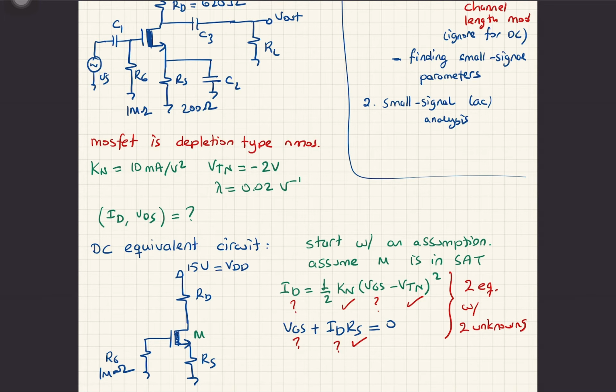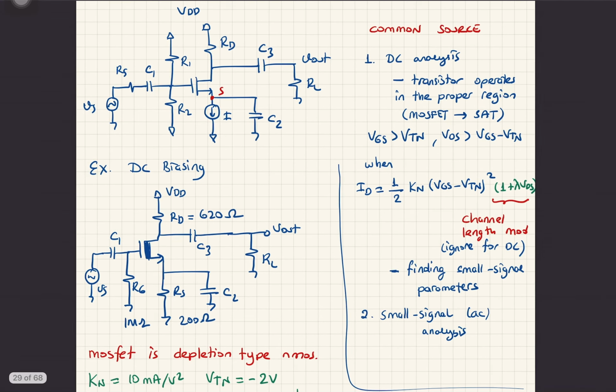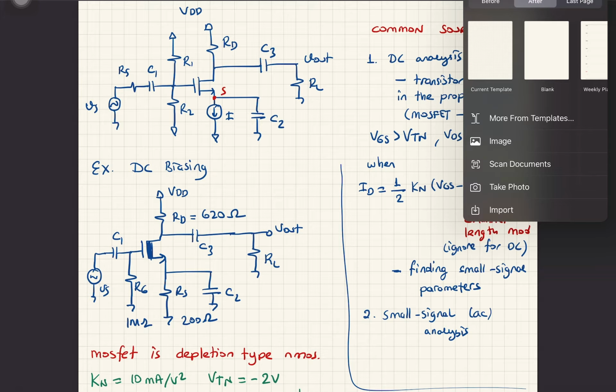Okay, so let's continue. If you write the expression, then IDS will be equal to 1/2 times 10 milliamp per volt squared times (VGS minus VTN, which is plus 2) squared, and also VGS plus IDS, or ID, whatever you call it, times RS should be equal to 0.